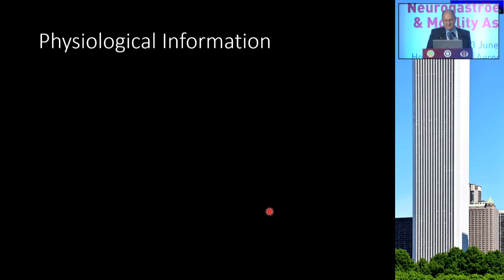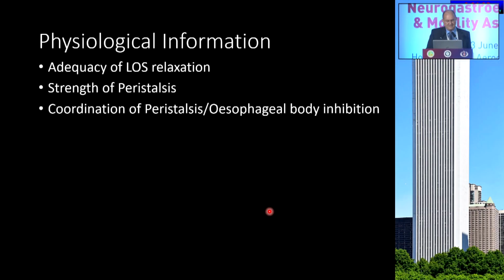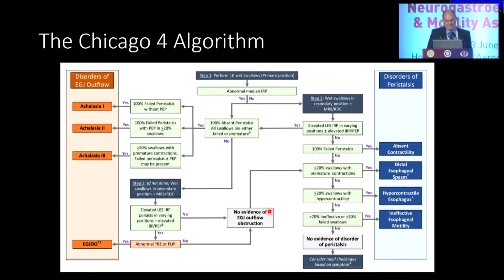Okay, so we're then going to apply the algorithm based on our physiological information. I'm running out of time a little bit, so I'll just very briefly go through the algorithm. We have our abnormal median IRP, and if our swallows are all either failed or premature, we're in the disorders of EGJ outflow pathway.